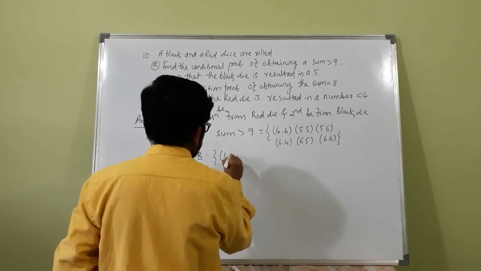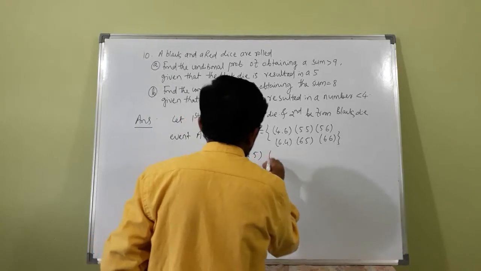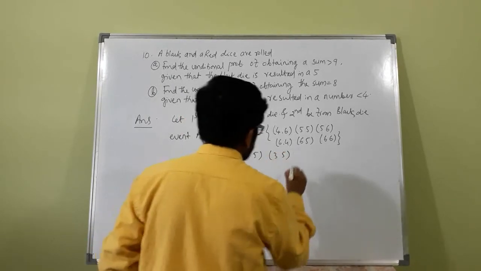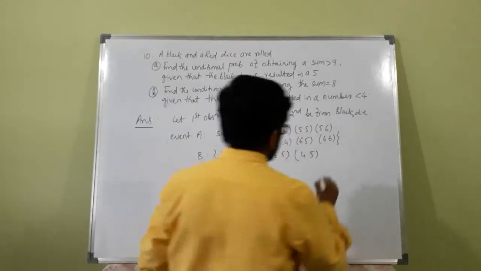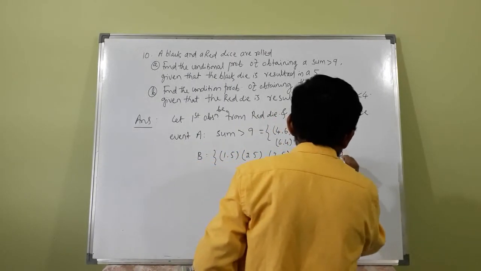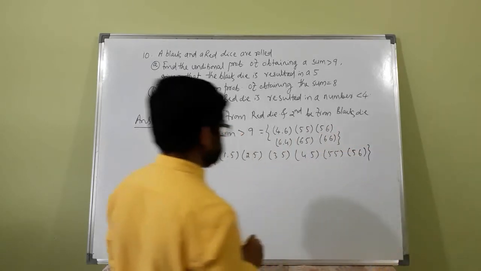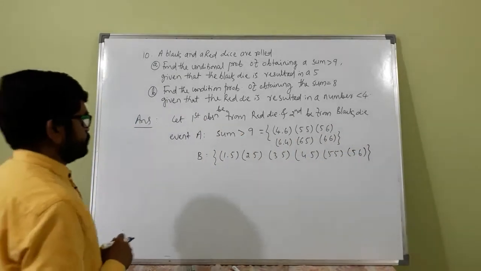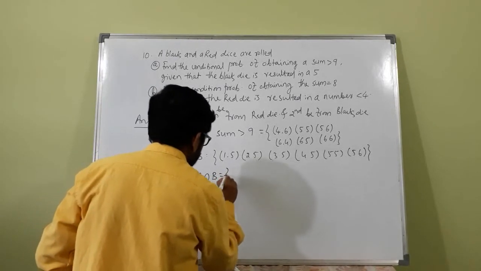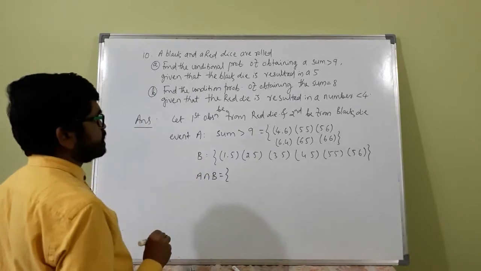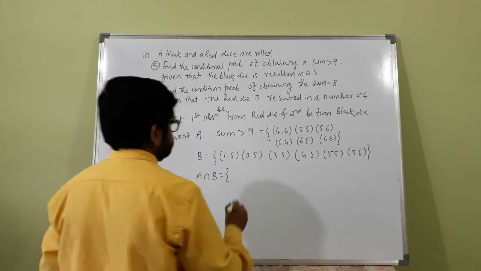That means 1, 5, 2, 5, 3, 5, 4, 5, then 5, 5 and 6, 5, with black being the second. So A intersection B is 5, 5 and 6, 5.